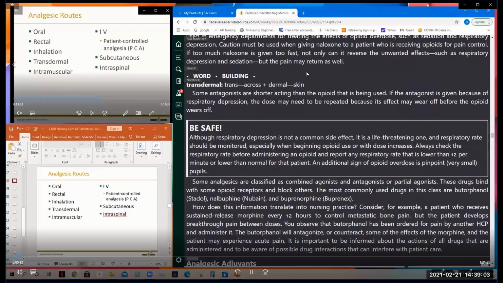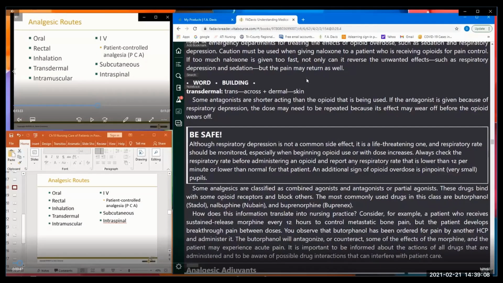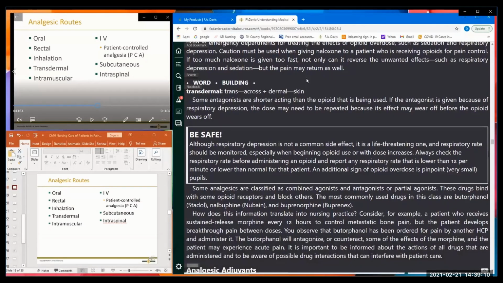Caution must be used when giving naloxone to a patient who is receiving opioids for pain control. If too much naloxone is given too fast, it can not only reverse the unwanted effects, such as respiratory depression and sedation, but the pain may return as well.